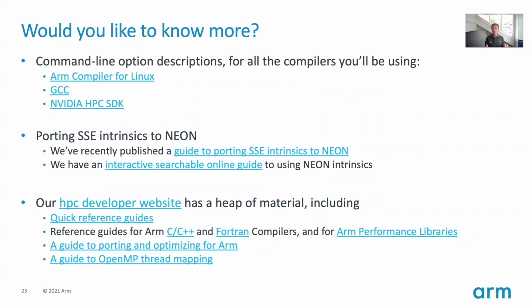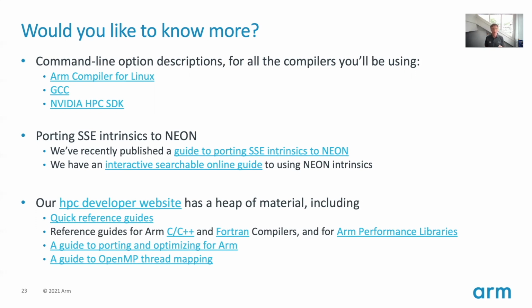If you've got x86 code that's got intrinsics in it, which are specific to the x86 architecture, you need to make versions of those for Neon, which is the Arm vector architecture that's available on the Graviton systems. So we've got links to a blog post about how to do that, and a searchable online guide for finding the right Neon intrinsic for whatever it is you're trying to do.